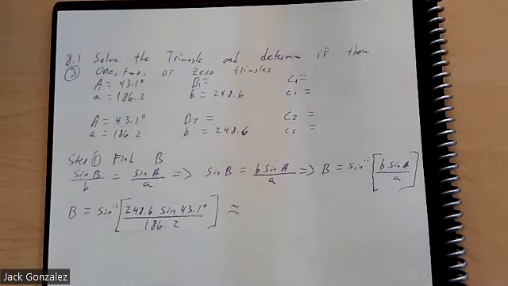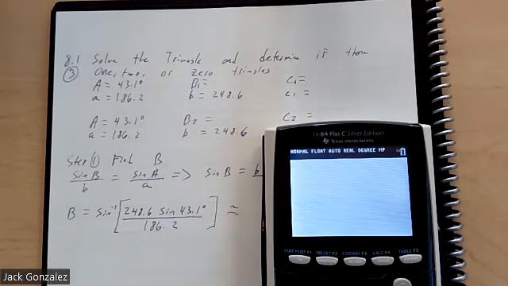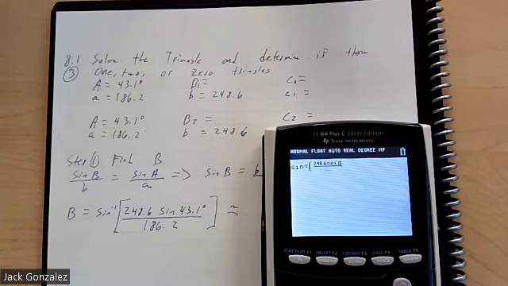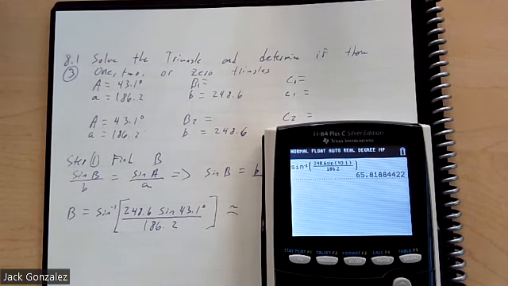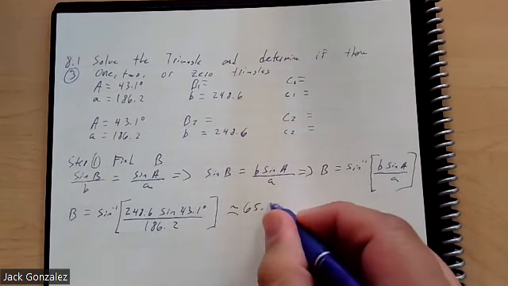Okay. Let's round to one decimal place, 65.8.